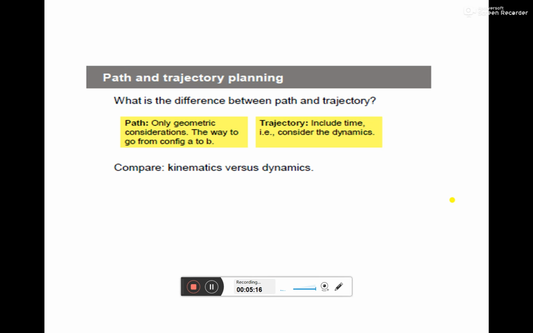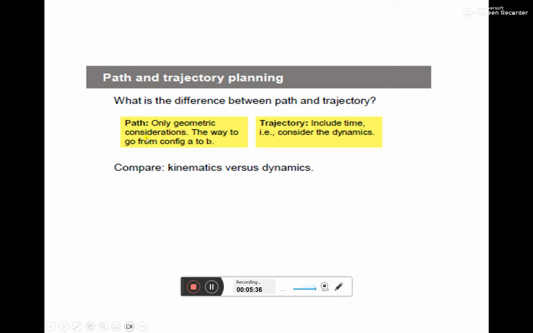Next, what is the difference between path and trajectory planning? The path is only geometric considerations. The way it goes from point A to point B, that is the path.